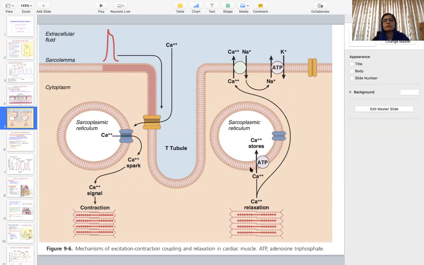Why do we need a calcium ATPase pump? Because usually the calcium concentration in the sarcoplasmic reticulum is more and it is less in the ICF. So the calcium has to move against the concentration gradient, so we need a calcium pump and ATP to pump that released calcium ion back into the sarcoplasmic reticulum.